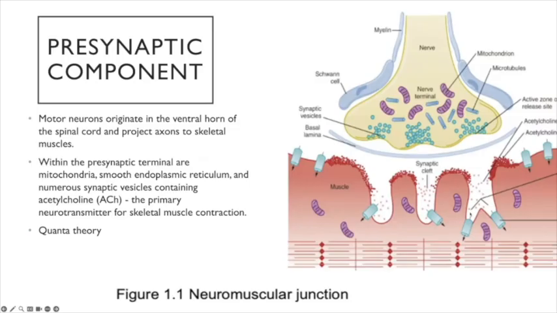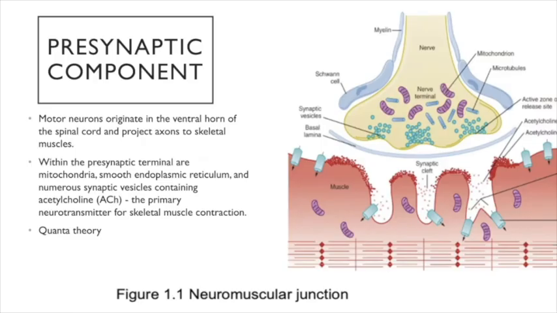So starting with the presynaptic component, the artist has made a huge amount of effort to try and simplify this whole concept. But I want to say from the outset that in real life, the mitochondria tend to be more proximal, and the synaptic vesicles are more distal within the nerve fiber.